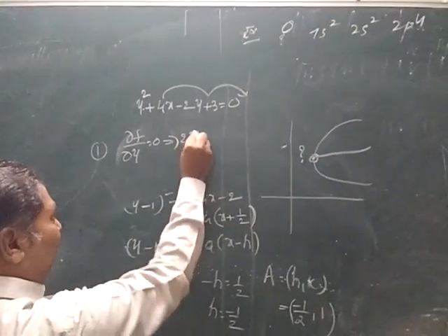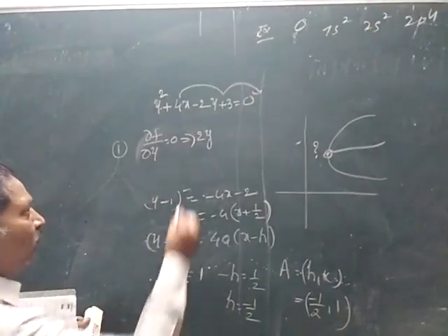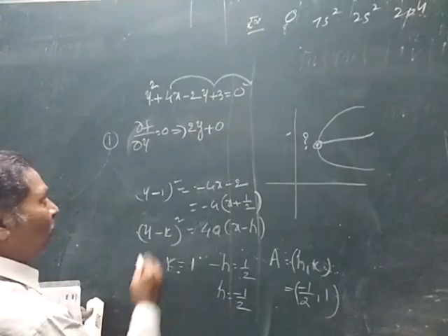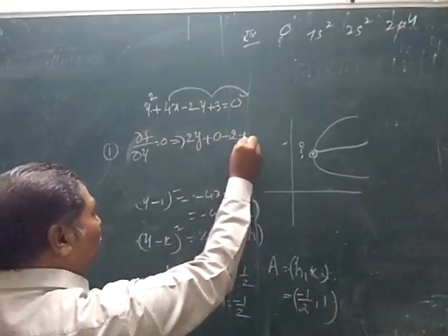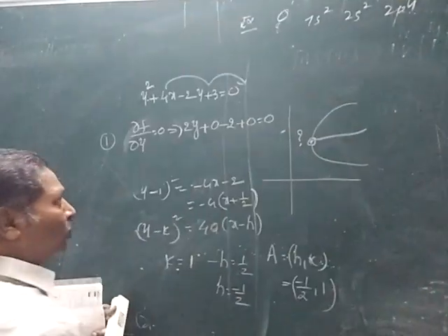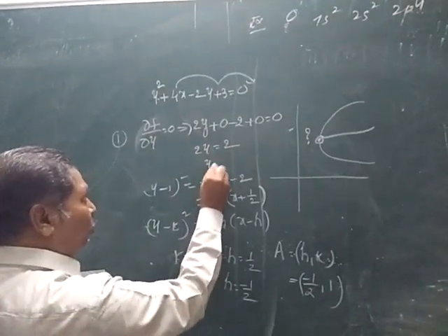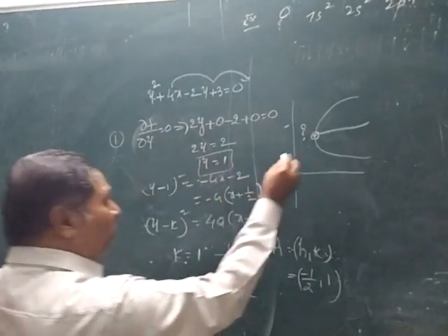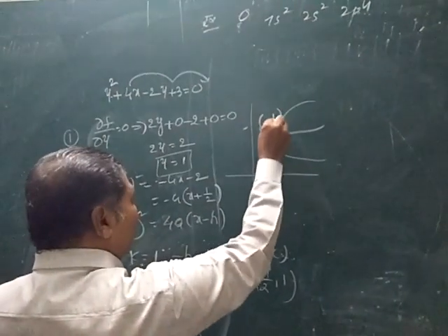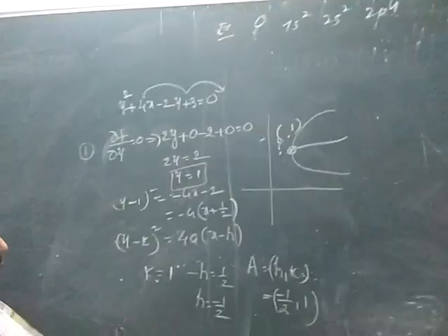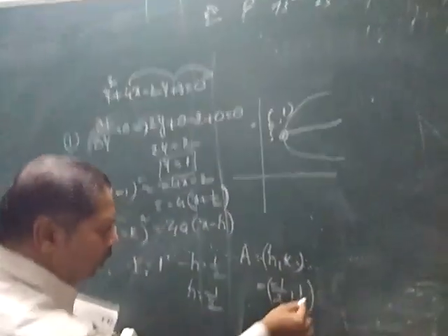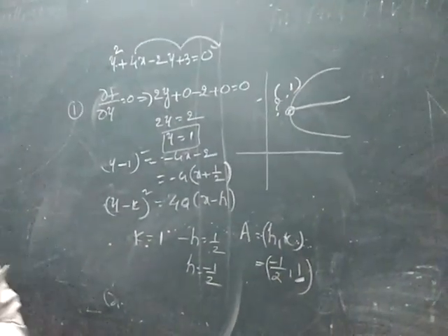The derivative of y square is 2y, plus 0, minus 2, plus 0, equal to 0. So 2y equals 2, and the y value is 1. H value 1, k value 1.